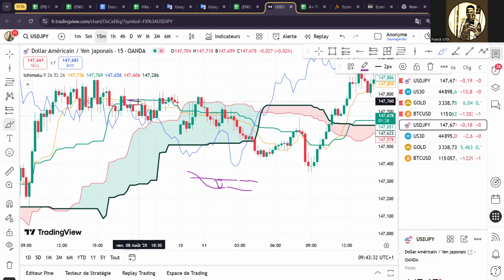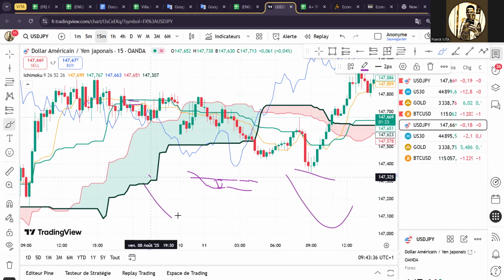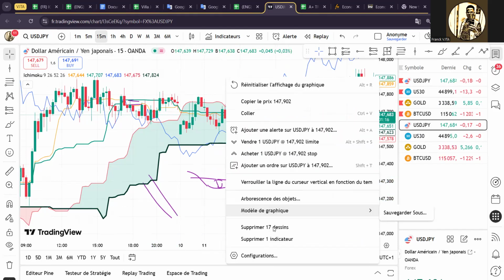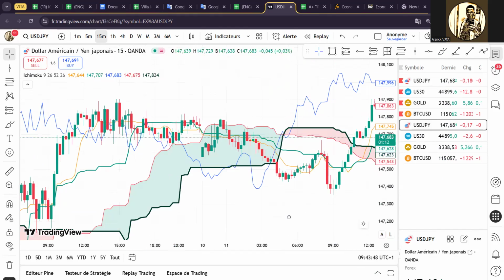It will not be fat like this, and it will not be inclined to the downside with a hard angle. It will be just a little horizontal, but going down slowly. That's what happened right there.